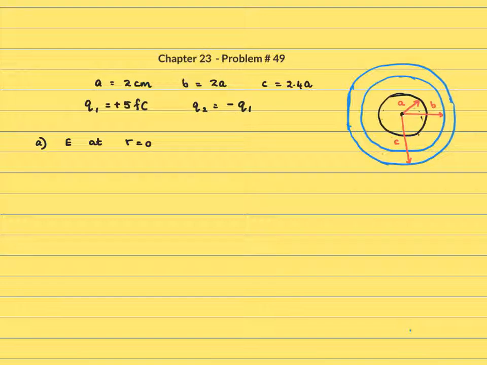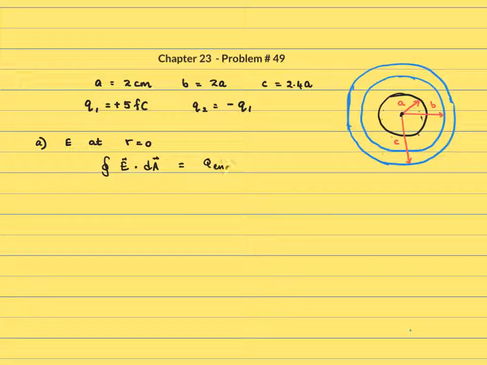Now I am marking the center point, and clearly we are using Gauss's law, the integral of E dot dA. Whenever we are looking for an electric field, at least under this chapter, we are using Gauss's law, because that is really convenient.